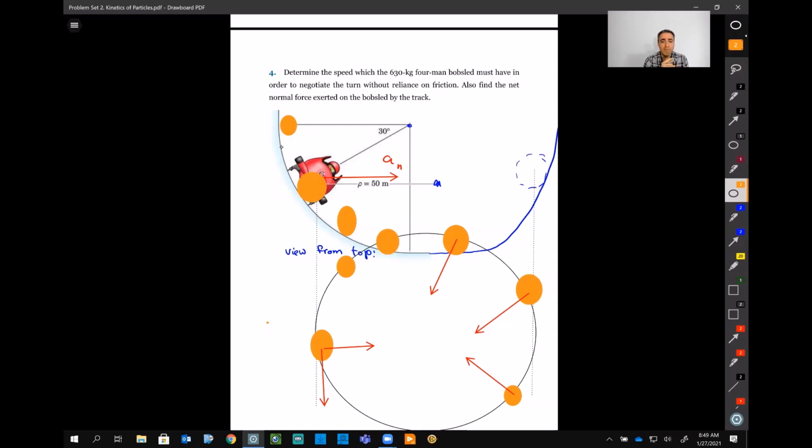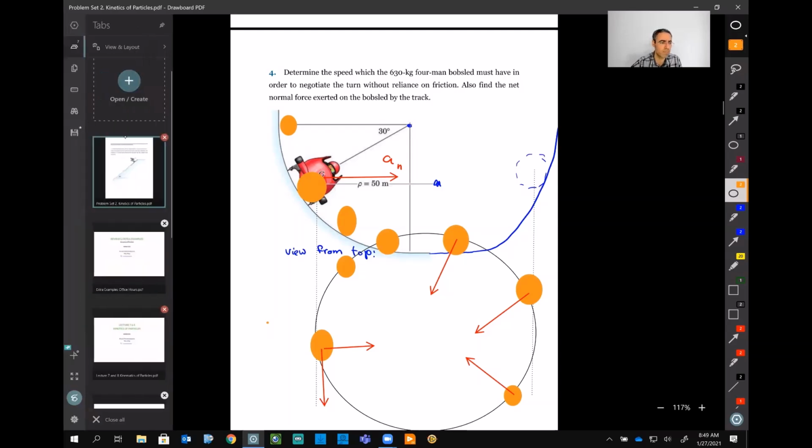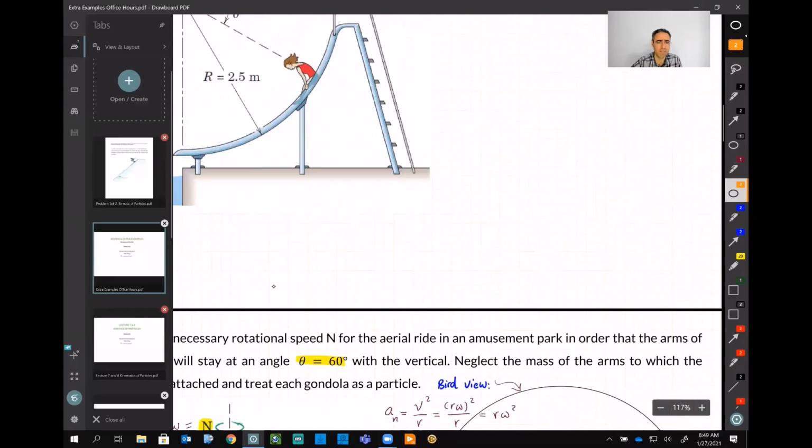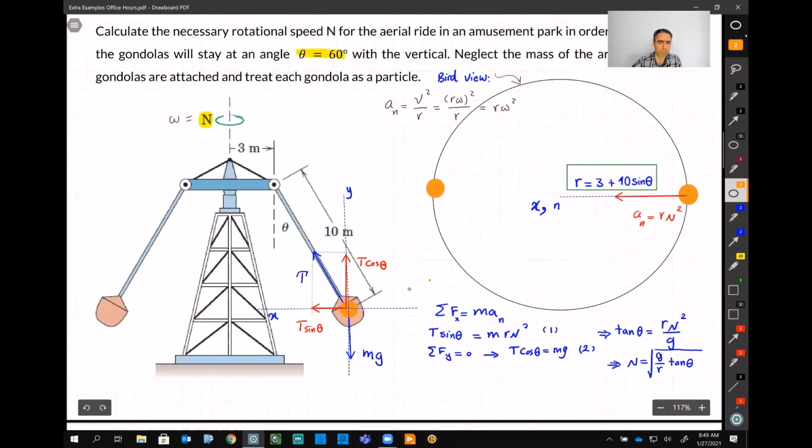But if it starts moving with very fast speed, what's going to happen? It's going to stay at a certain angle. And it is very similar to another problem that you also saw yesterday. This concept is basically the same.